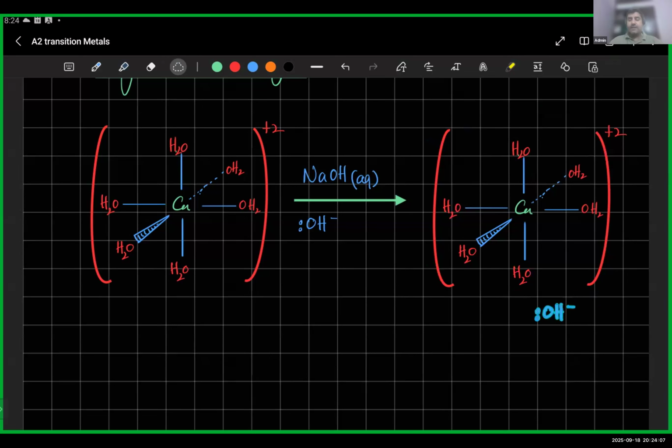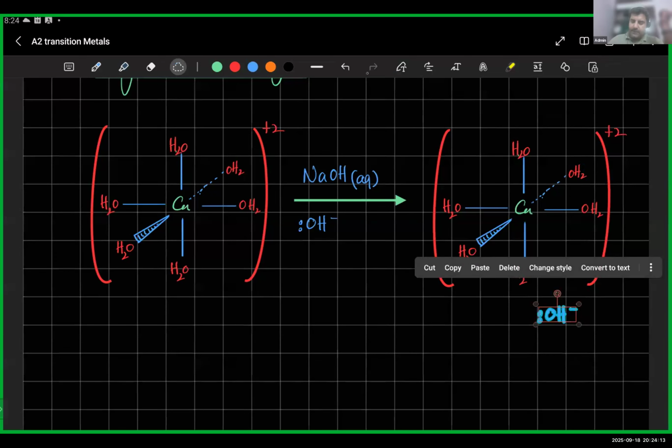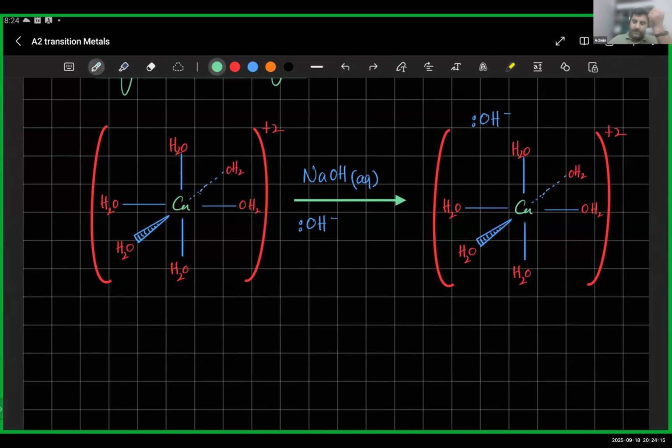As the concentration of OH ions increases, the water molecules are going to get knocked out. So the OH ions come in and knock out a water molecule. That's a ligand exchange happening. And if I add more NaOH, another water molecule gets knocked out.